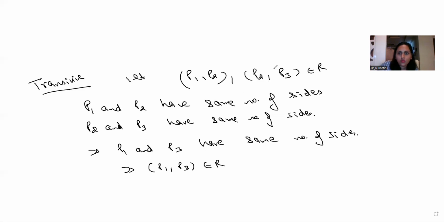The next part of this question is, what is the set of all the elements in A related to the right angle triangle T with sides 3, 4, 5? So T is a triangle which has the sides 3, 4, 5.